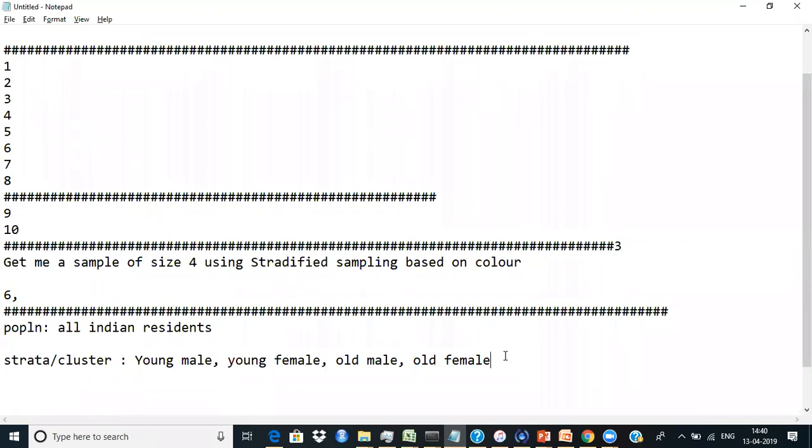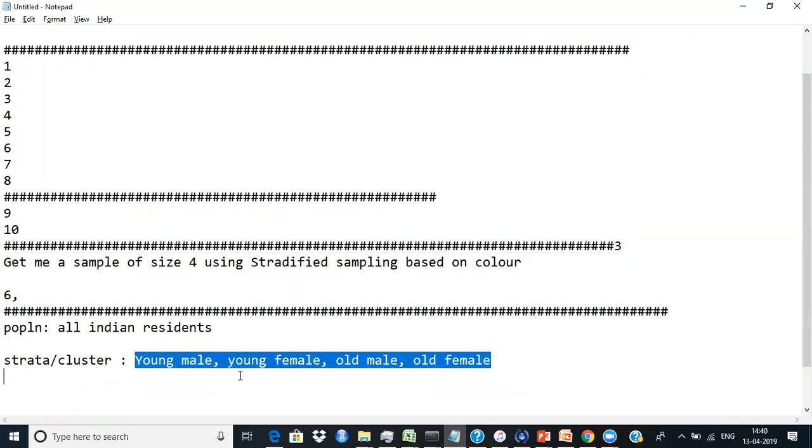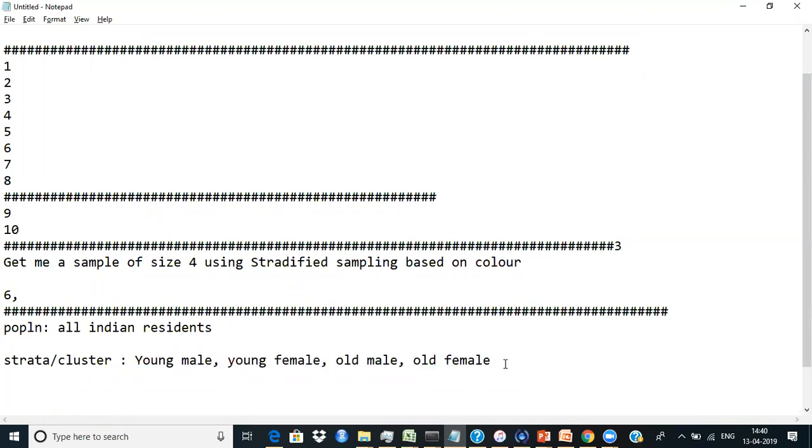Yeah. Cluster is not clear. So the first step is same for both strata and cluster. The first step is you define groups, right? So let's say my population is all Indian residents. I have defined groups as young male, young female, old male, old female. Now, the first step is clear, right? In the second step, if we are doing a stratified sampling, we will go into each and every group and get observations from each and every group, basis some proportion, right?